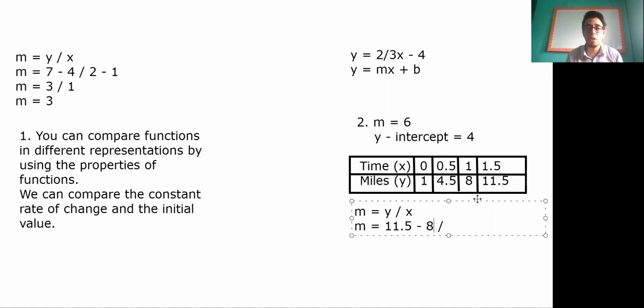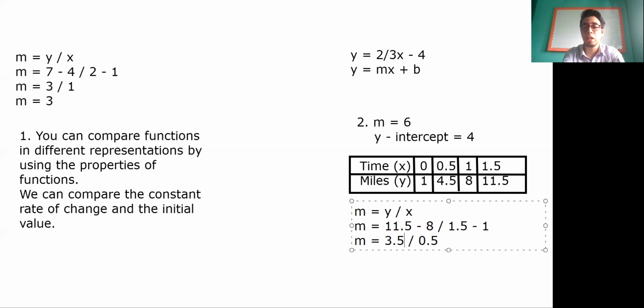Only that I need 2 points for Y and 2 points for X. Now for X, I'm going to use the same that I take for Y. So 1.5 is for X, in the same position, minus 1 is this one, right? So when you subtract, you are going to obtain that it is 3.5 divided by 0.5. And when you divide this, you are going to obtain that the slope is going to be 7.